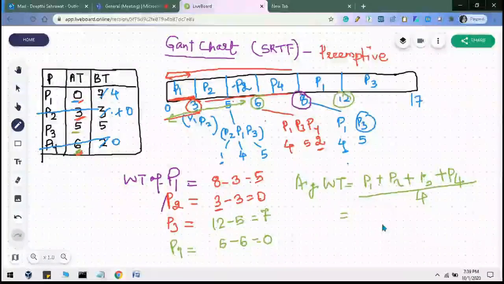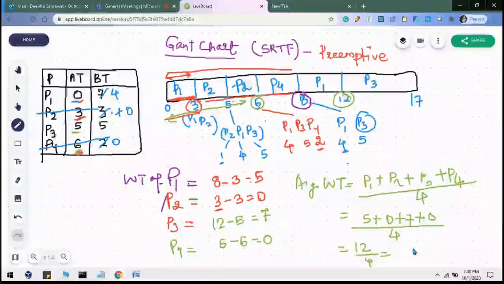Now let's calculate it. It is 5 plus 0 plus 7 plus 0 upon 4. So 12 by 4 is how much? 3. So the average waiting time is 3 milliseconds when we apply SRTF.